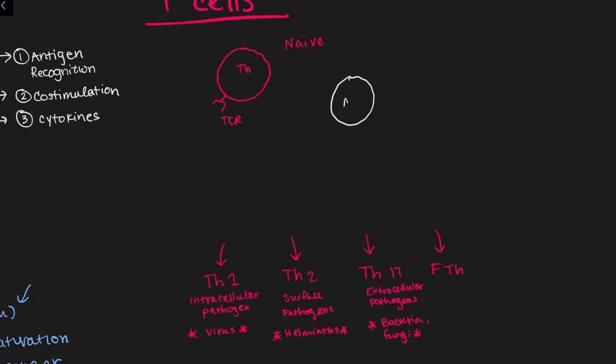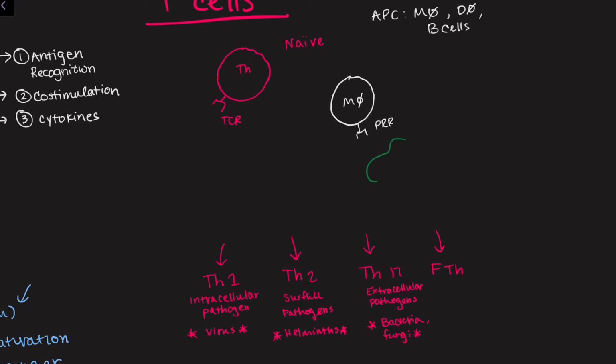I'm going to go ahead and use a macrophage as an example, but just keep in mind the antigen presenting cells can be macrophages, they can be dendritic cells, and they can even be B cells, as we've seen previously. But here we're going to use a macrophage. So on the surface of this macrophage, we have a PRR receptor. A pathogen recognition receptor is what that stands for.